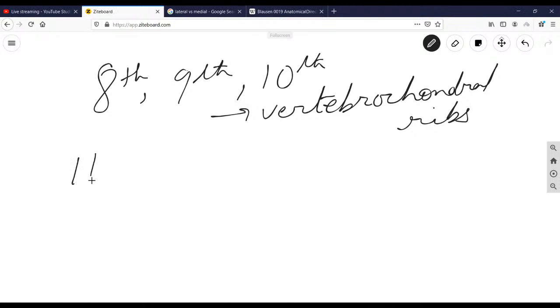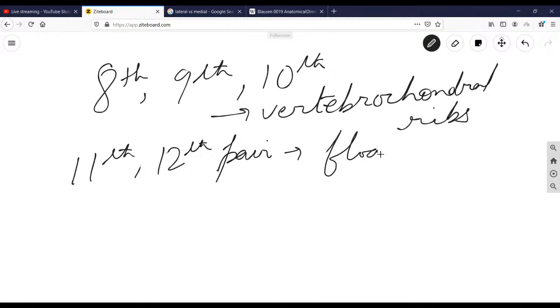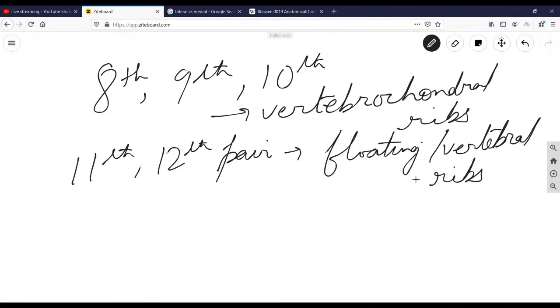The 11th and 12th pair are completely false. They are known as floating ribs or vertebral ribs. Why? The reason is the costal cartilages at their anterior ends do not attach to the sternum at all.